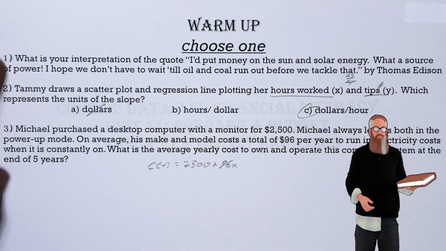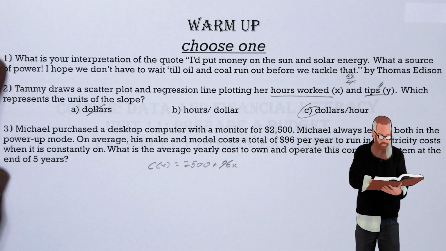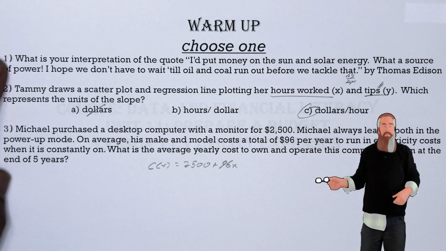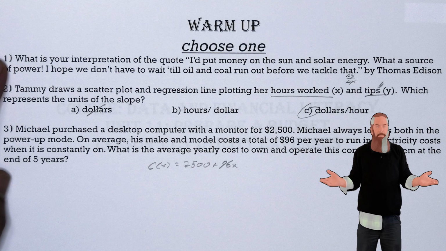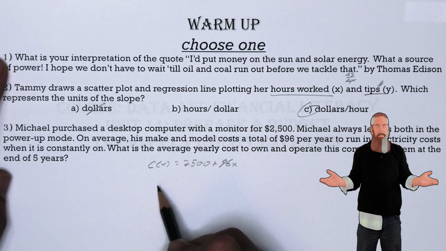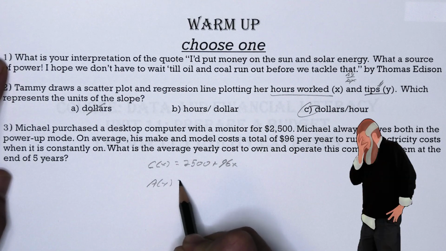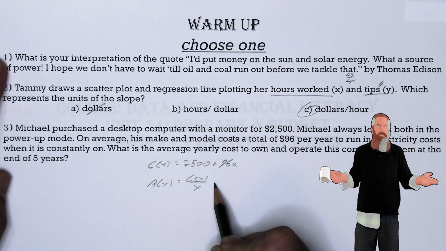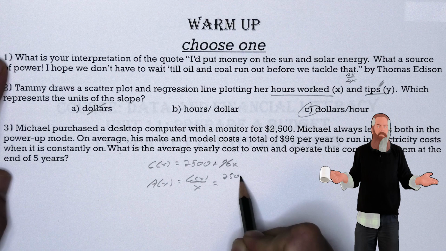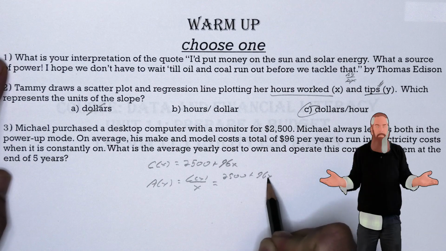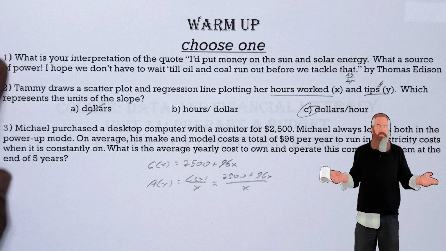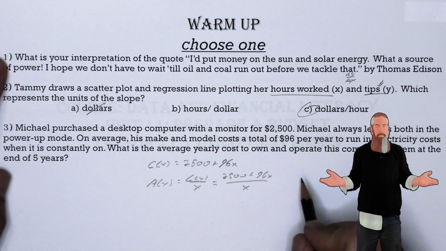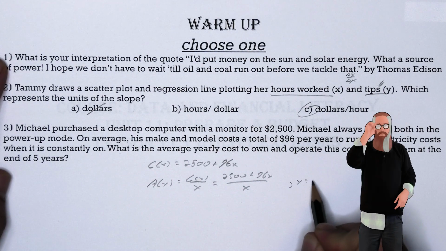Michael now wants to set up an average cost rational function, A of X, which is the quotient of the accumulated yearly costs and the number of years owned and operated. So A of X is equal to C of X divided by X, equal to 2,500 plus 96X, divided by X. We know that X represents the number of years and X is 5.